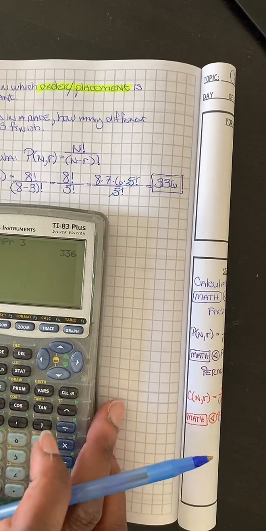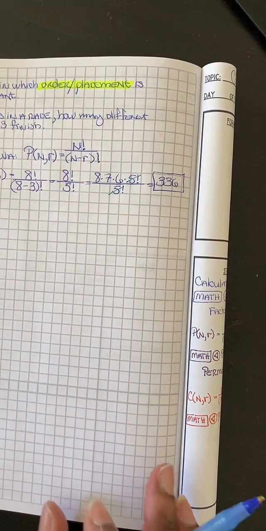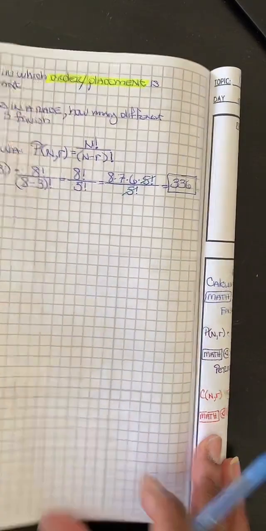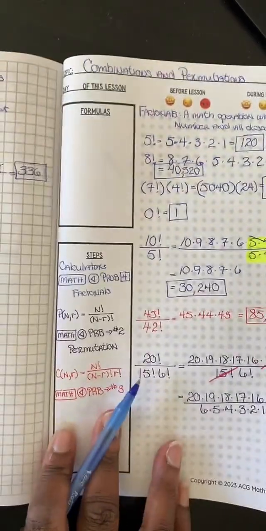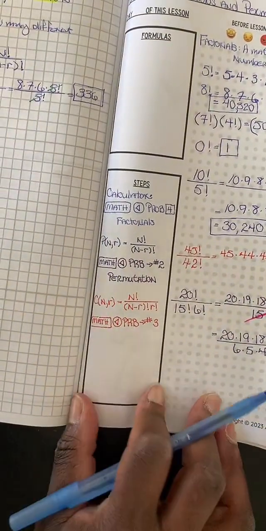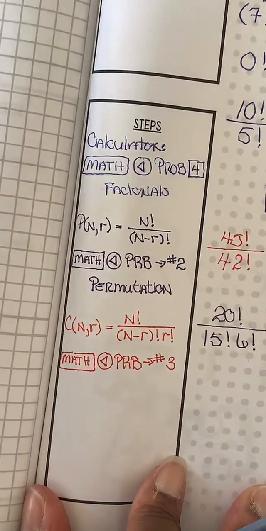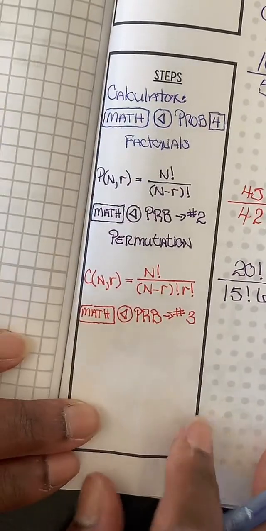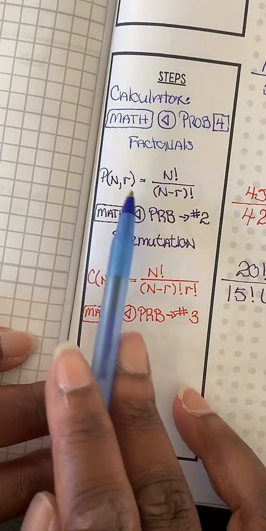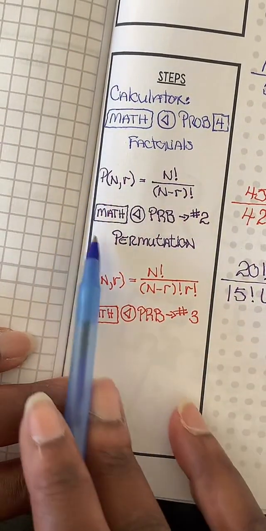If you want to see how she does that again, let me bring it over to the other side because I did put it in with my steps. Zoom in a bit. If we're doing permutation, that's this purplish one.